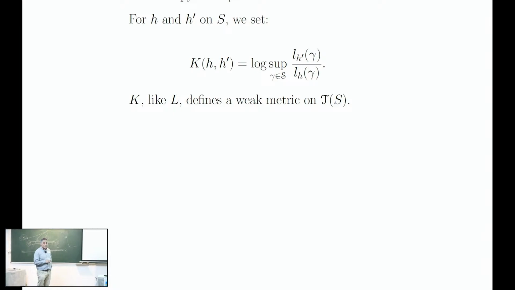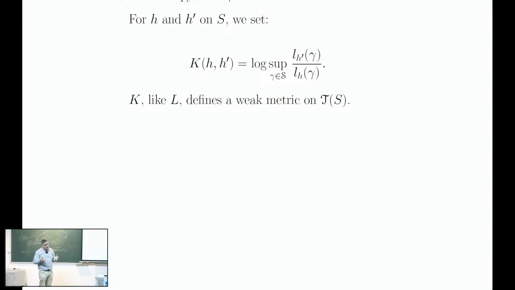simple closed curves. The second form which I will give is, instead of simple closed curves, I will put here measured geodesic laminations. This is why today, in the first part, we talked about measured geodesic laminations. I said more or less that an example of a measured geodesic lamination is a simple closed geodesic.